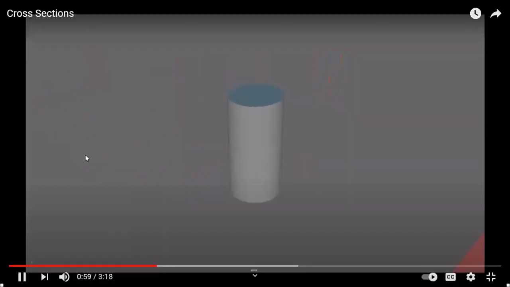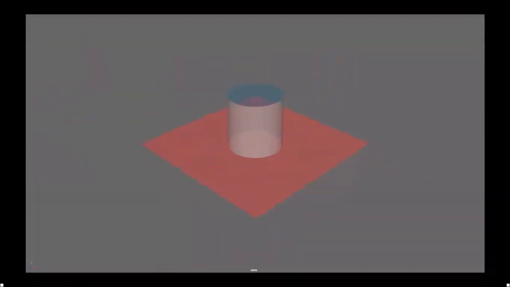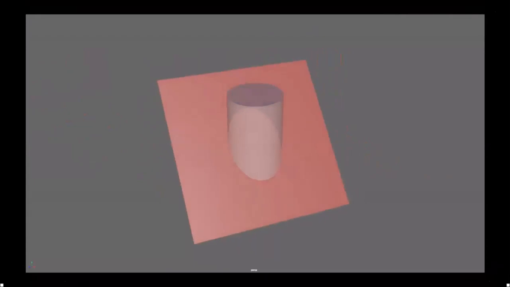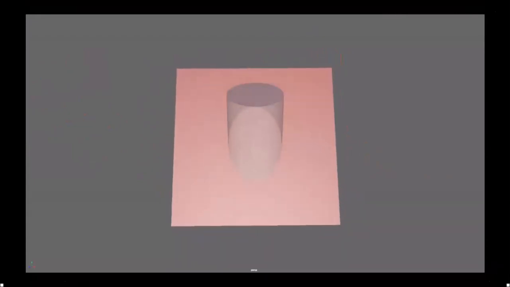Next, we will look at a cylinder. When a plane intersects a cylinder parallel to the bases, the cross section is a circle. Bringing the plane up 45 degrees, we see that the cross section is now an ellipse, or informally known as an oval.